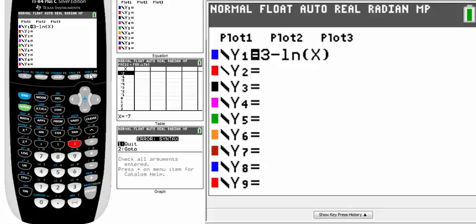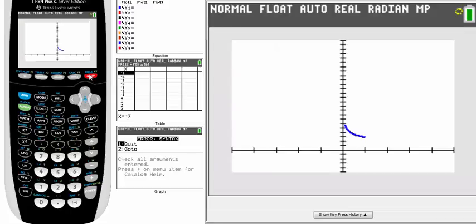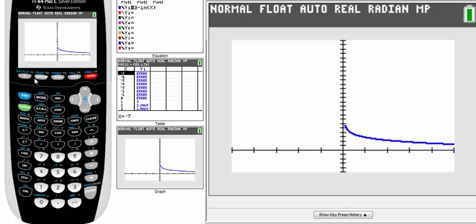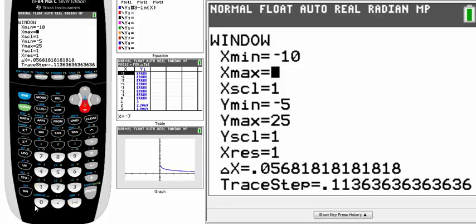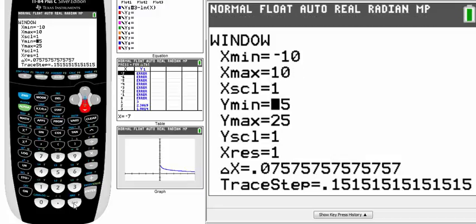Let's hit graph, and now you might have to change your window depending on what we were graphing with before. I think I'll change my y values here. Let's change everything, negative 10 to 10. I think there's a zoom standard or something like that under the zoom key, if you'd rather use that.